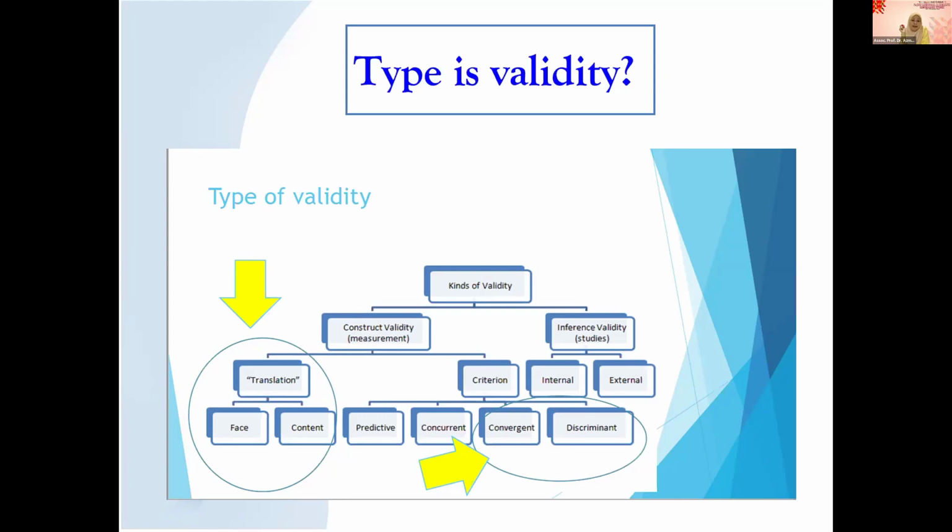That we call criterion validity. Most of the time researchers will not do that because sometimes we don't have a gold standard. Under construct validity, there are also convergent and discriminant validity. This is very important. This is where the EFA and CFA values will give you the result. So that is validity.